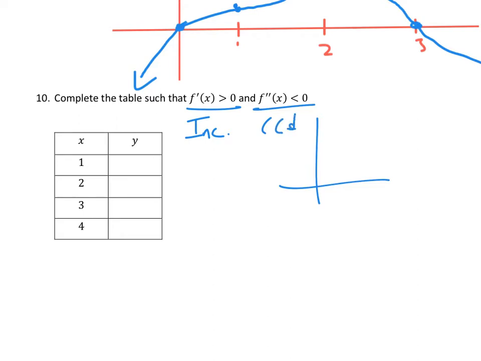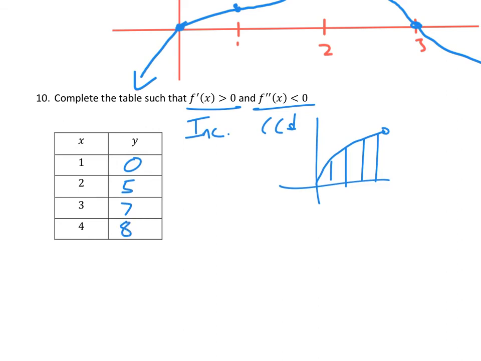Because the second derivative is less than 0, we're increasing by a lot, and then not quite as much, and then not quite as much. So 1 is whatever, some value. 2 is bigger than 1 because we're increasing. 3 has got to be bigger than 2, but not as big of a jump. I don't know, let's call it 7. And now 4 has got to be bigger, but not quite as big of a jump.